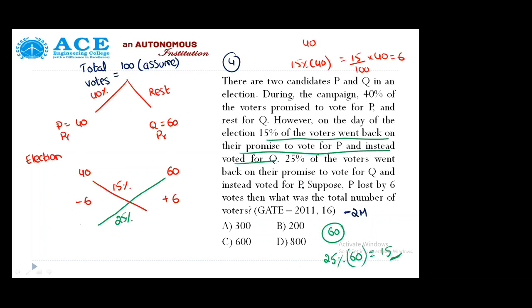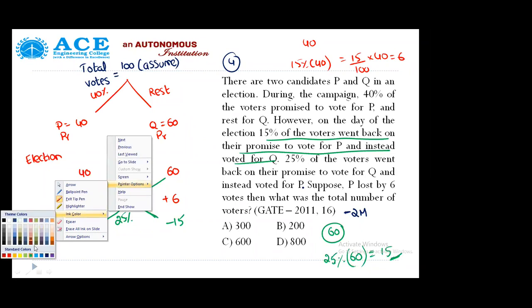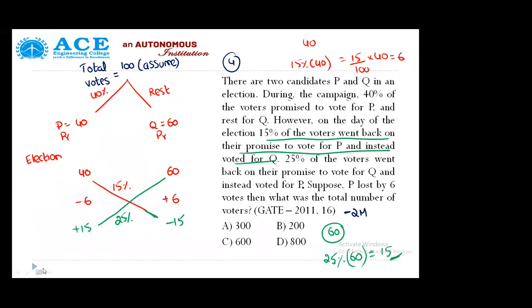Okay, so 15 added here, 15 subtracted here, because from 60 people only that 15 reduced, right? You just think about this. Now finally, how many votes for P and Q? After all this, here 49, here 51.